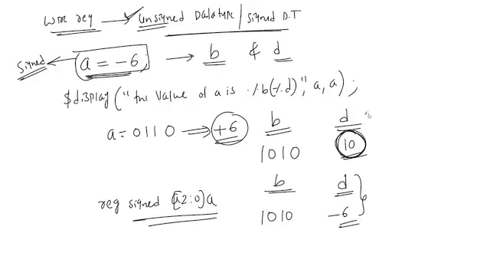If it is unsigned, in binary form it will display in 2's complement only, and in decimal it will display this unsigned value. For signed numbers you declare reg signed, binary 1010, and in decimal it will display -6.